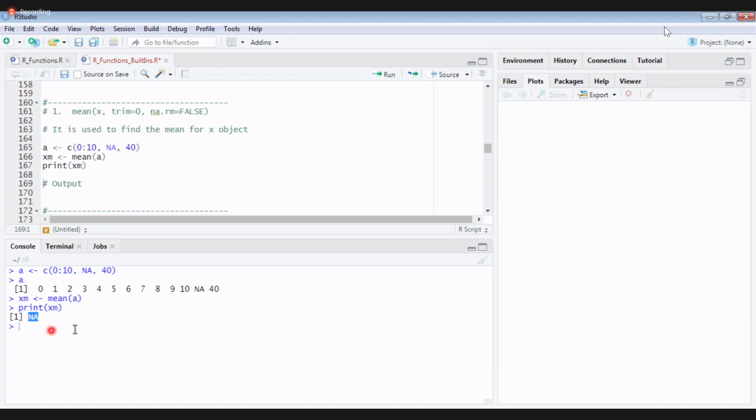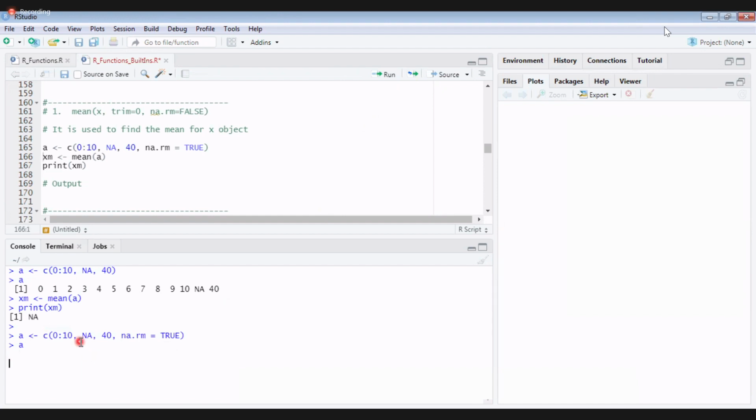So what I can do is pass one argument, na.rm equal to TRUE. You are telling it to remove NAs and calculate the mean. If there are any NAs or missing values in my data, remove those NAs and then calculate the mean. Now I will run the same thing.